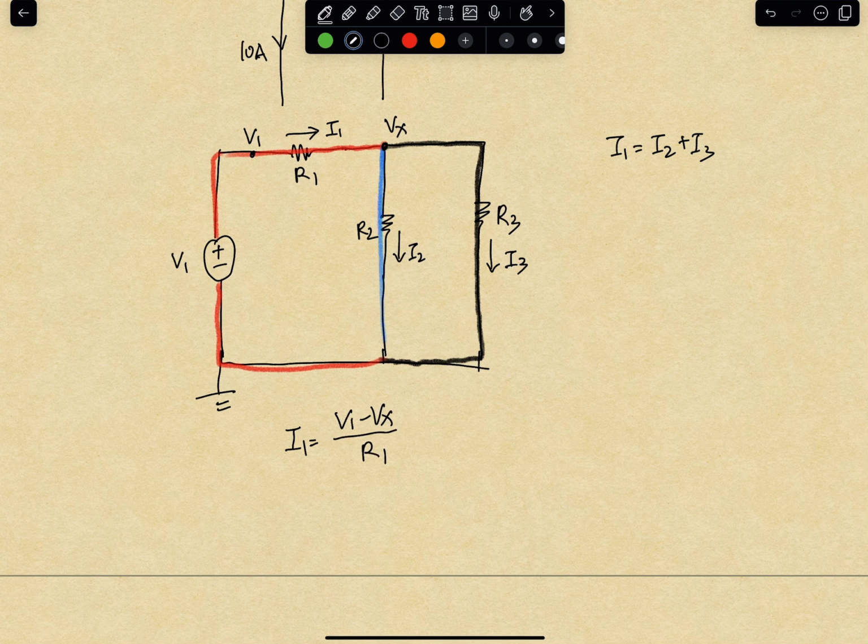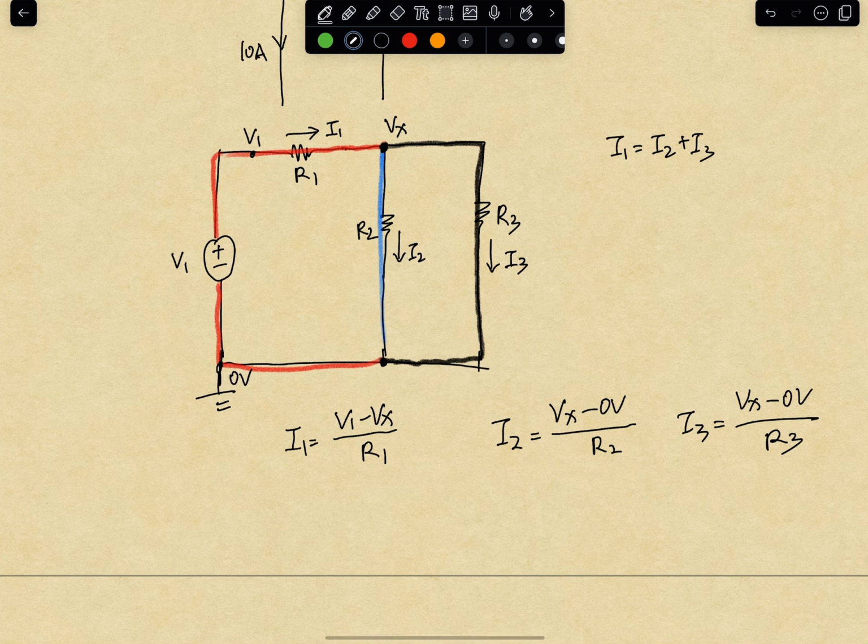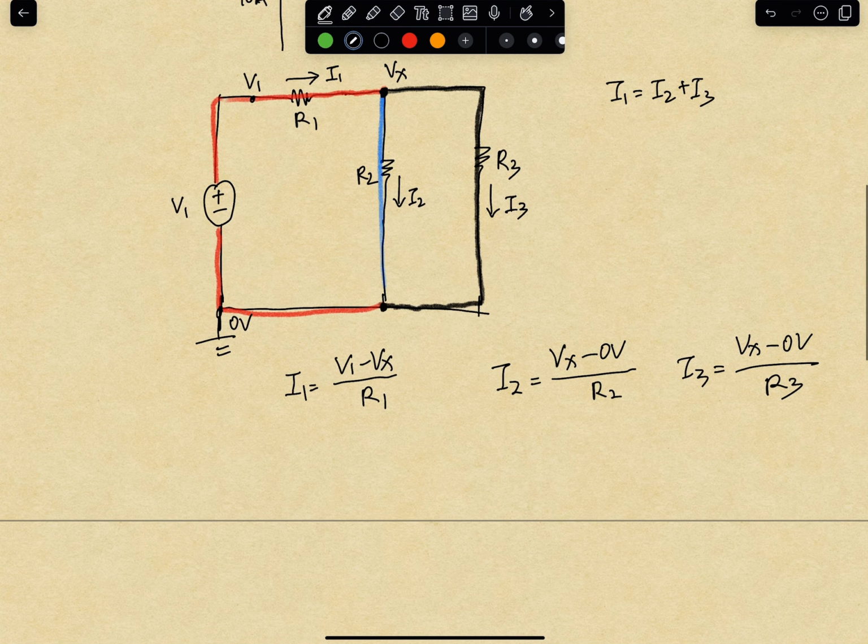And the current I2 will equal Vx, where it's coming from, and it's going to over here, which is the same as ground, so it's 0 volts. So Vx minus 0 volts divided by R2. And I3 will be the same thing, which is Vx minus 0 volts divided by R3.